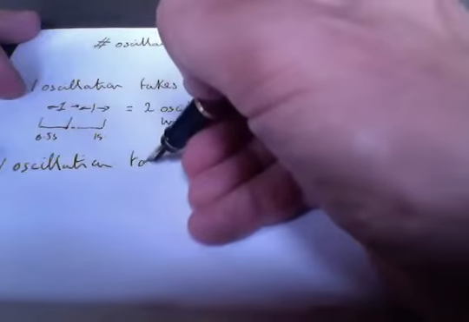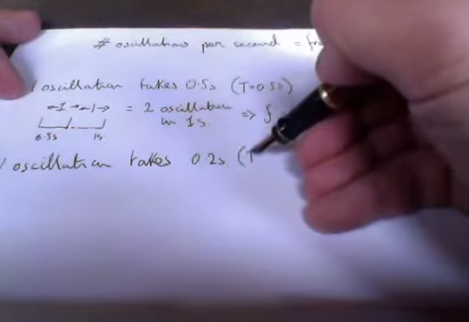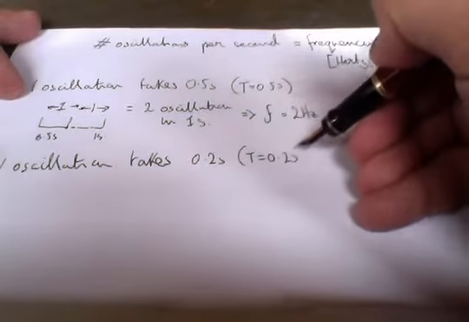Right, let's think of 2 more examples. How about one oscillation takes us 0.2 of a second, or time period is 0.2 of a second. Okay, let's think about that timing now. Now we have one oscillation is 0.2 of a second long.